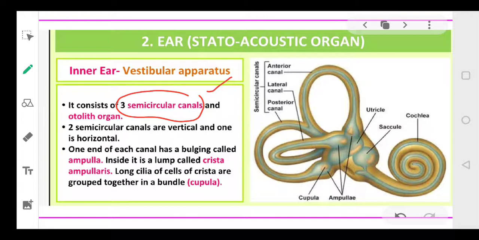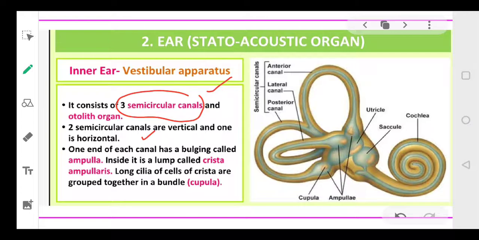3 semicircular canals are present in the vestibular apparatus also. Okay, are you understanding? Right. So it is also made up of 3 semicircular canals. Now 2 semicircular canals are vertical.